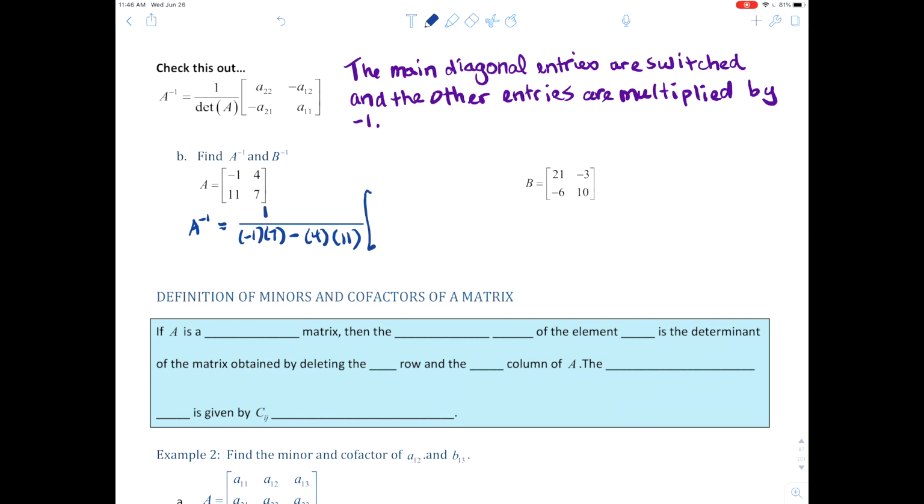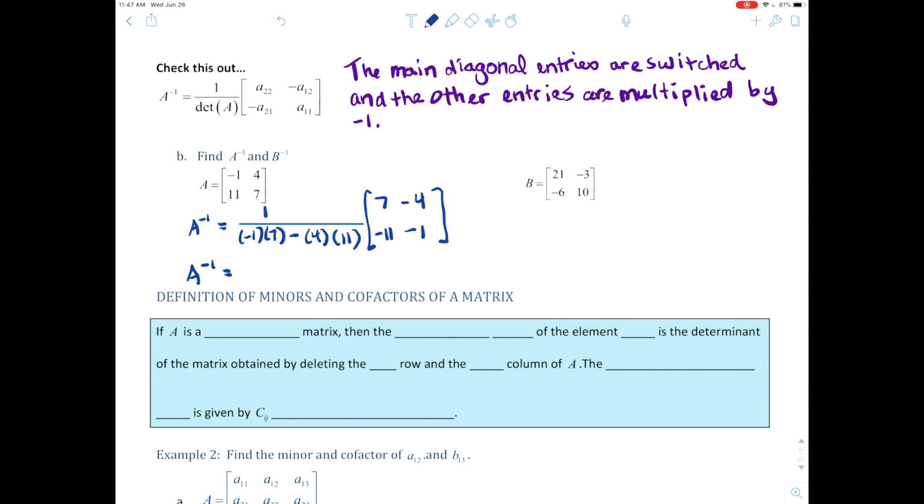And then what? Well, we're going to put a22 at the top left, so that's 7. -1 will be at the bottom right. And then we'll apply the negative to the other entries. Cool? And so what will we get? A inverse will be, so the denominator is going to be -7 minus 44. So -51, like we discovered up top there in one of our examples.